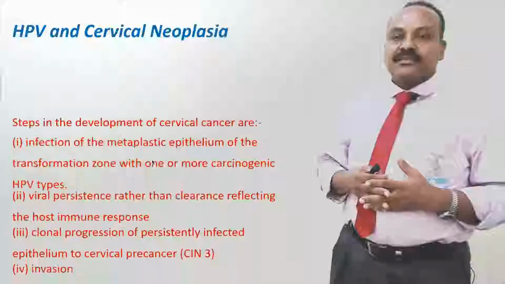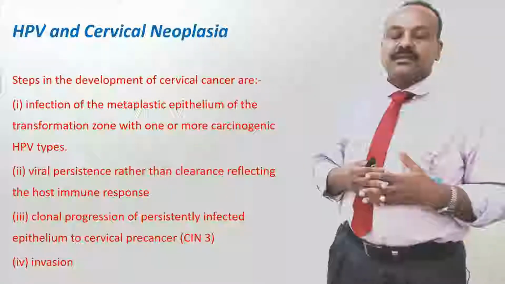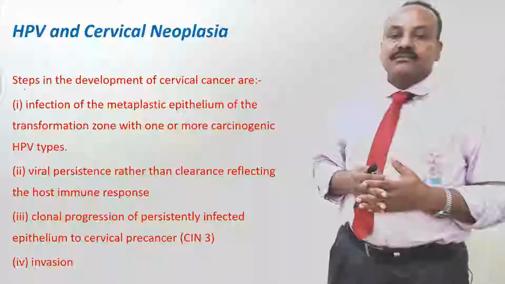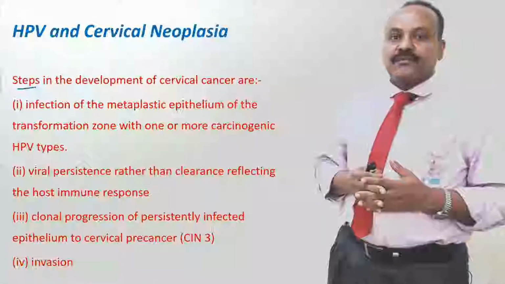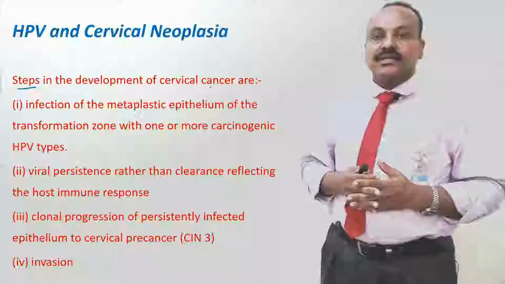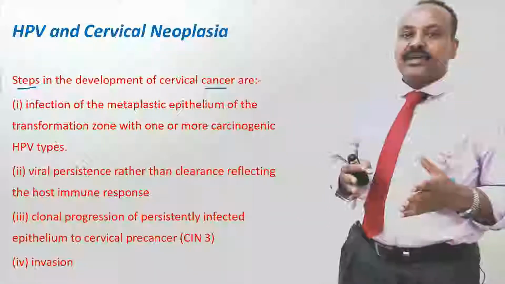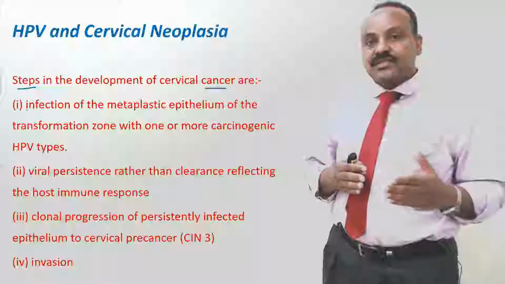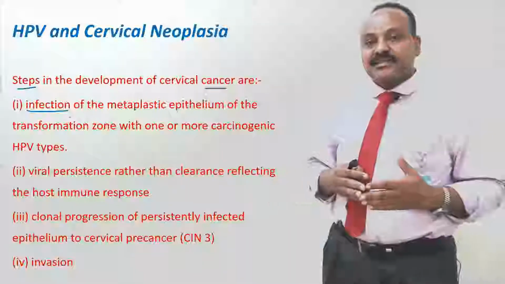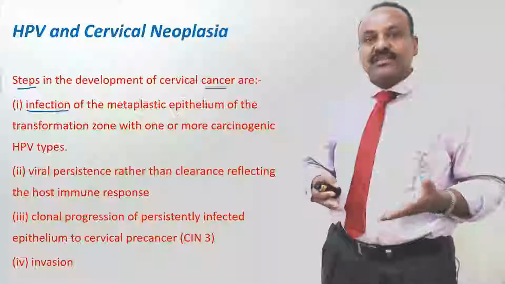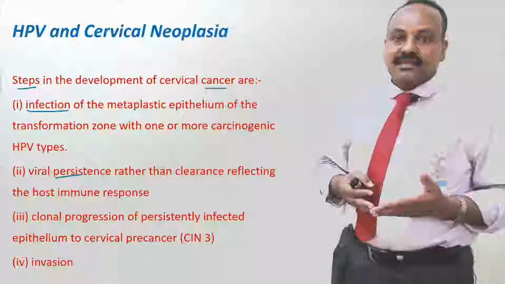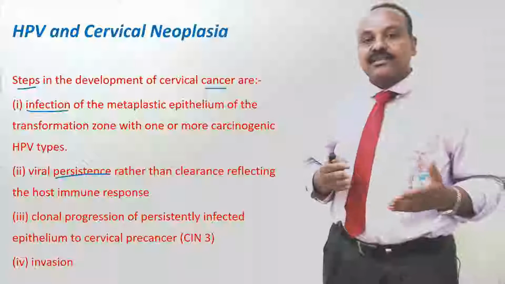How does the virus affect the cell and let the epithelium become carcinogenic or progress into cancer? The first step is the infection of the epithelium by the virus. After that comes the persistence of the virus for a long time, which is affected by immunity.